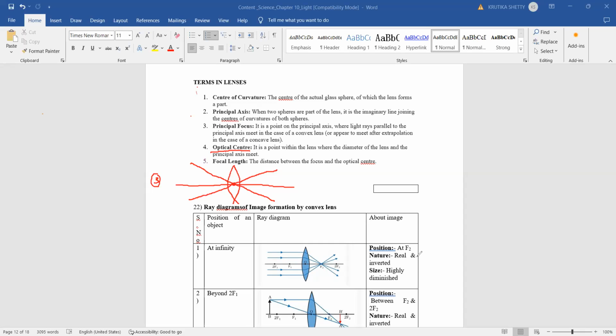Undeviated means without any bend. It will go out without any bending. So we have discussed the three types, and using these three types, we can understand the ray diagram.